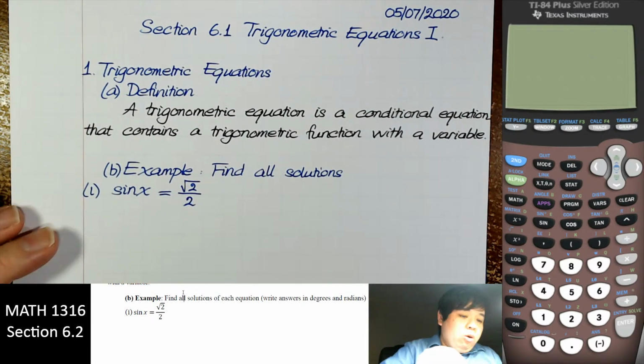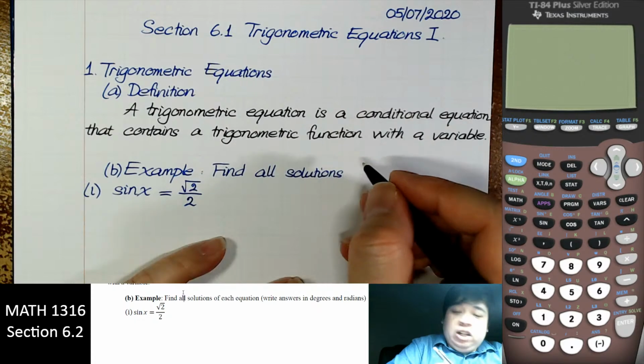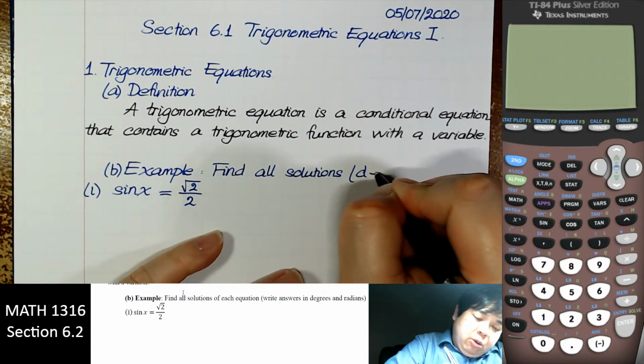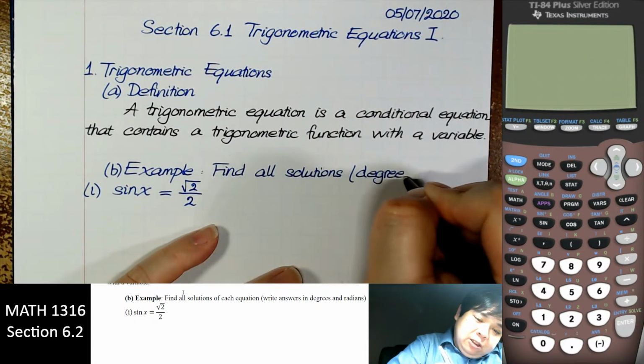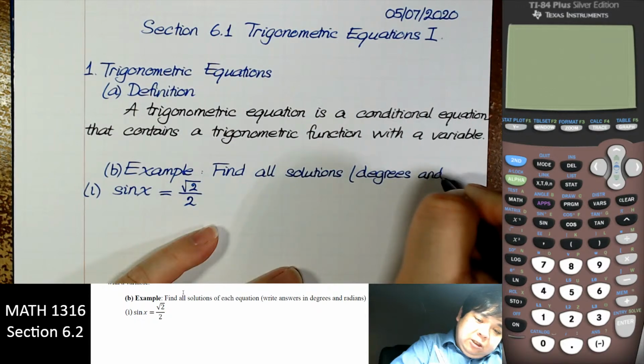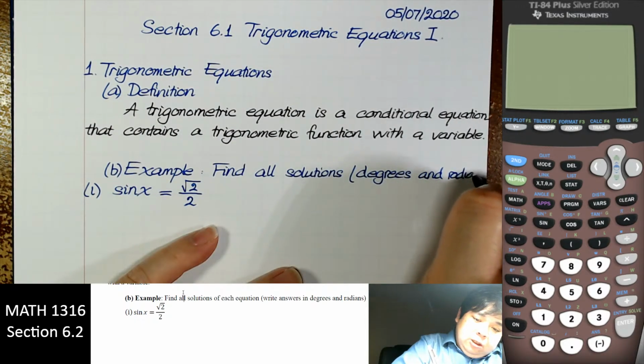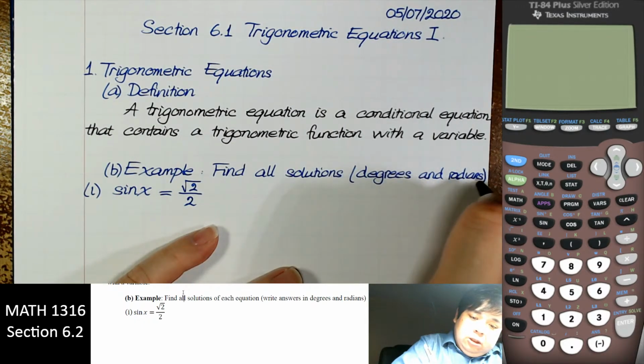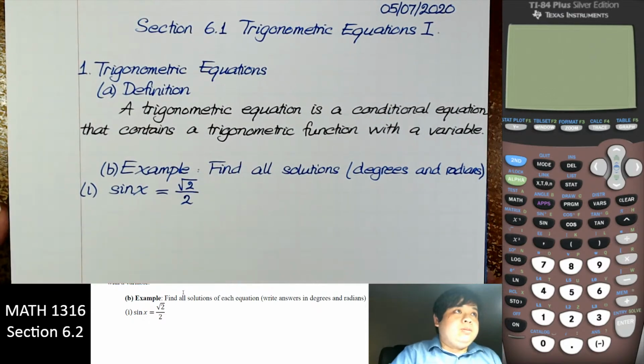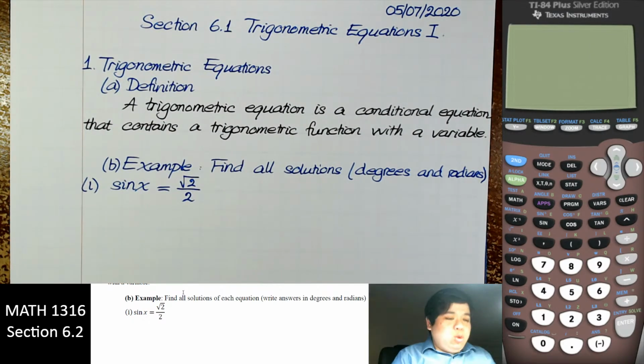So we'll find all the solutions, and we want the answer in degrees and radians. Right. So first, when we look at this problem, we can use a calculator to get the answer.